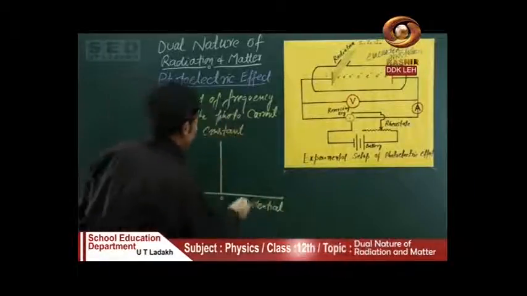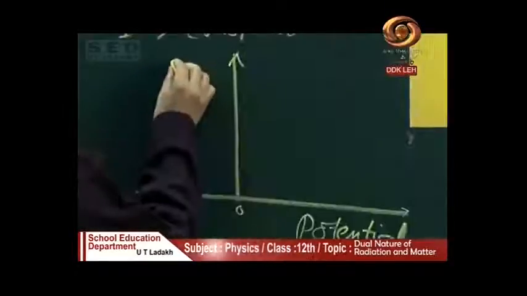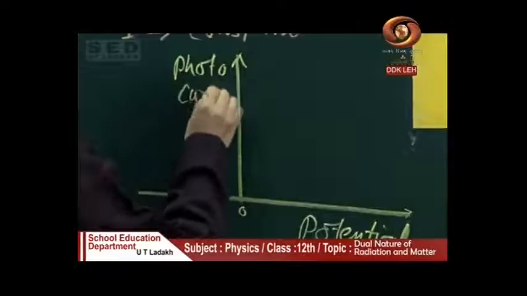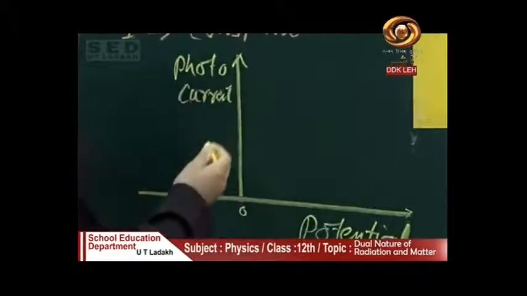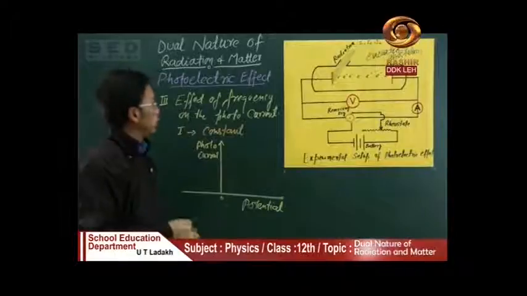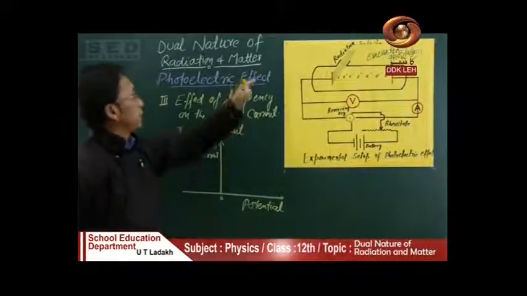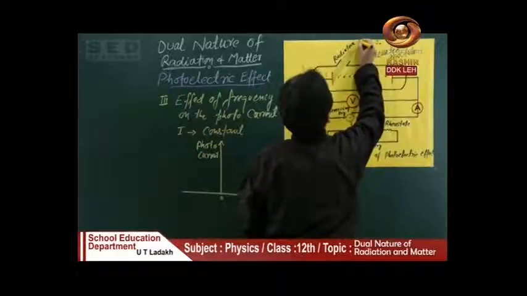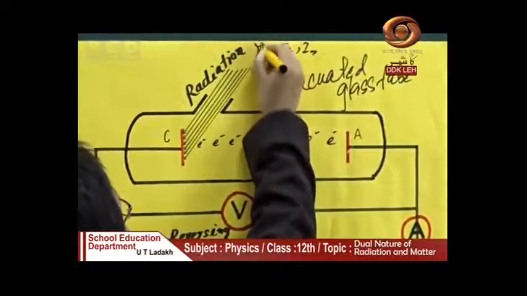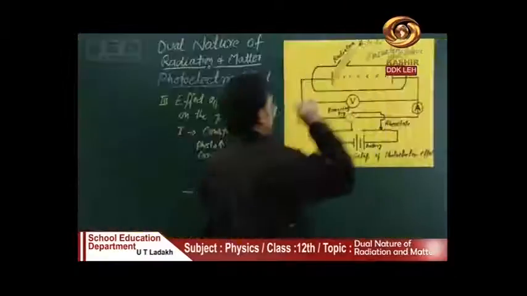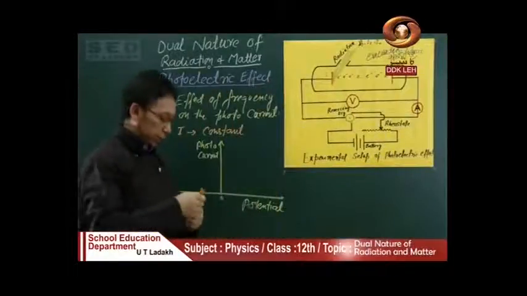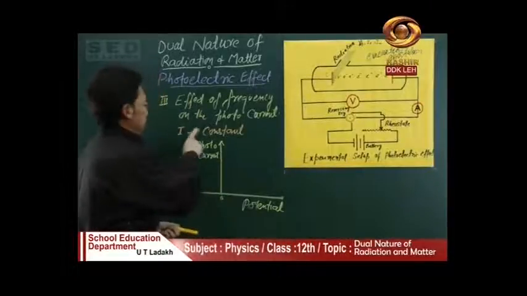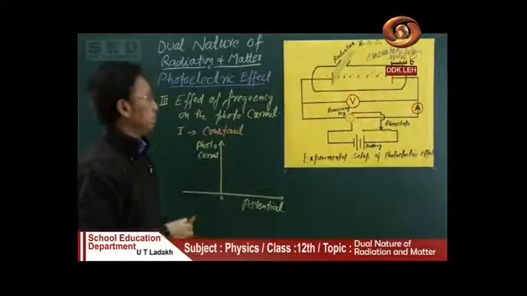Potential along the x-axis, similarly photocurrent along the y-axis. Now let us suppose we are using radiation of frequency nu1. Nu1 is the frequency of the incident radiation with its intensity equal to I, that will remain constant during the experiment.